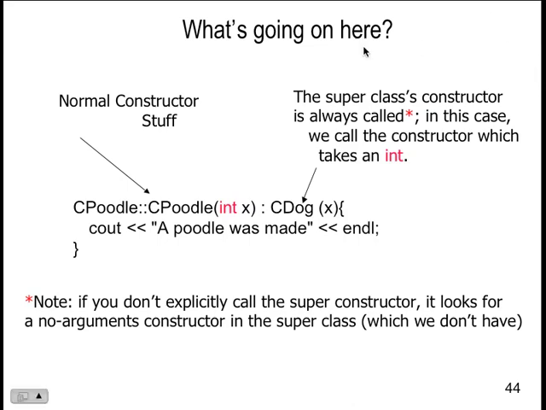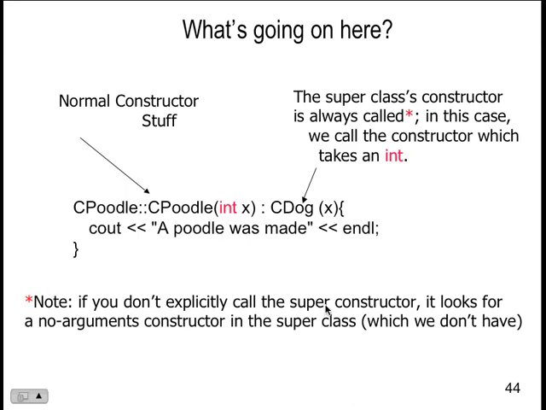So here's where the normal constructor stuff takes place. CPoodle, integer x. The superclass's constructor is mentioned after it with this colon, and this is the super constructor. And it's always called, in this particular case, by CDog, with the constructor which takes an integer.